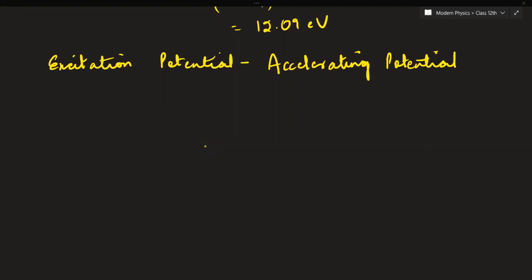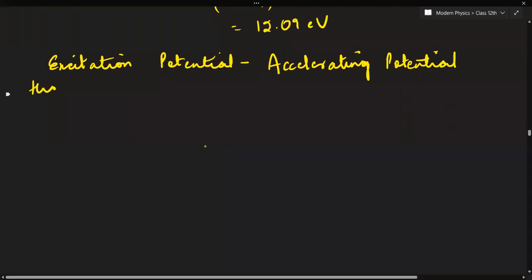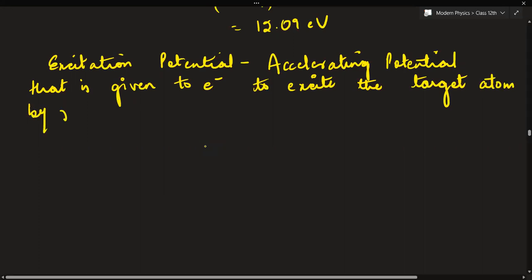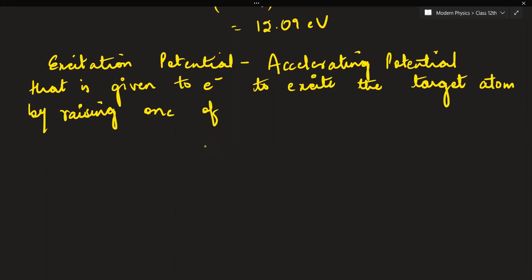If you see, the magnitude will be exactly the same as that of excitation energy. But the difference is that it is the accelerating potential that is given to electrons to excite the target atom, by raising one of its electrons from an inner to an outer orbit.